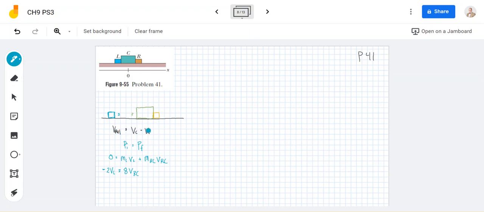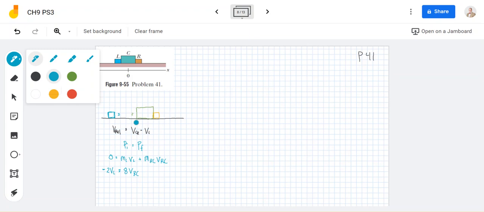But up here, I have the other statement that I'm looking for. Because I have 2 equations and 2 unknowns, I should be able to solve directly. I'm actually looking for VL, so I'm going to solve for VRC and substitute it in here.